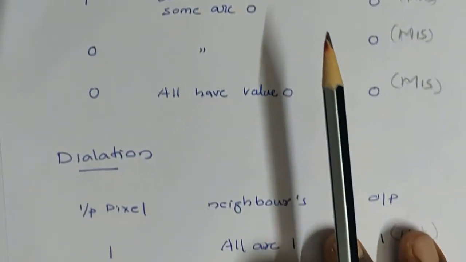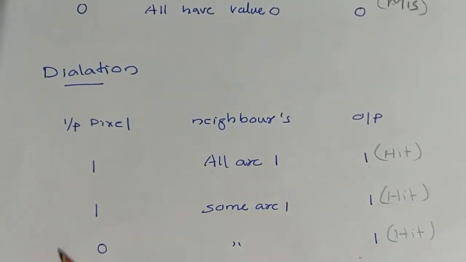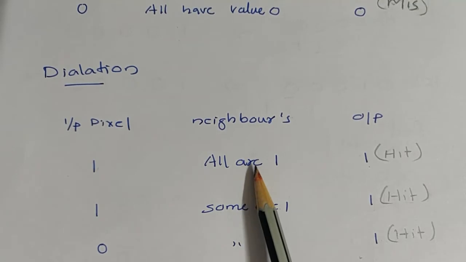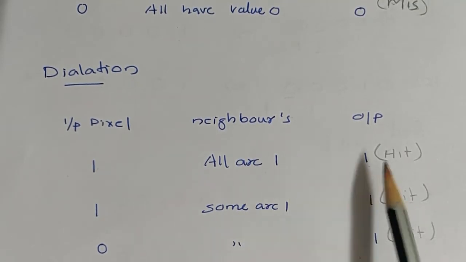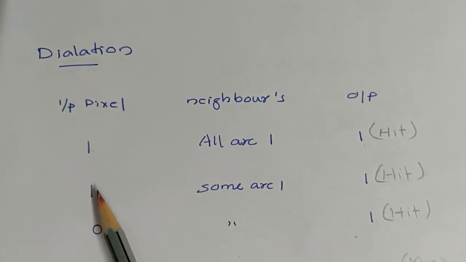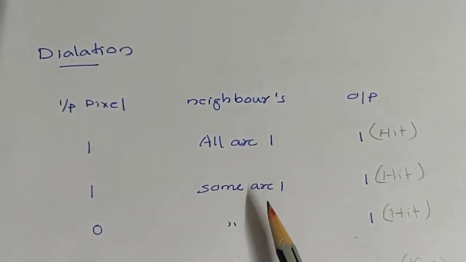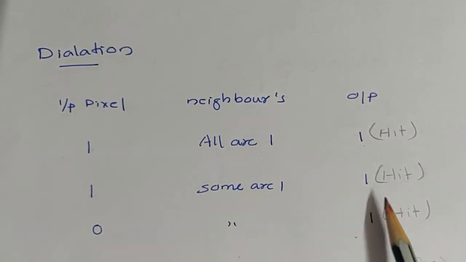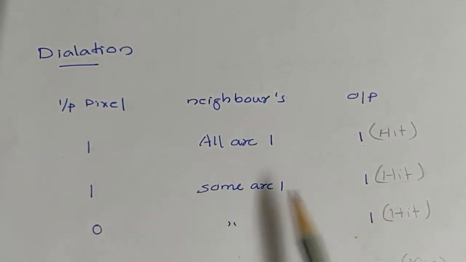In case of a dilation operation, if the input pixel value is 1 and all neighbors have value 1, that is a hit approach, then the output will be 1. Second case, if the input pixel value is 1 and some neighbors are 1 and some are 0, then the output value will also be 1.